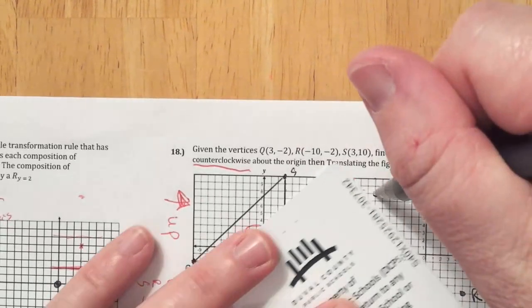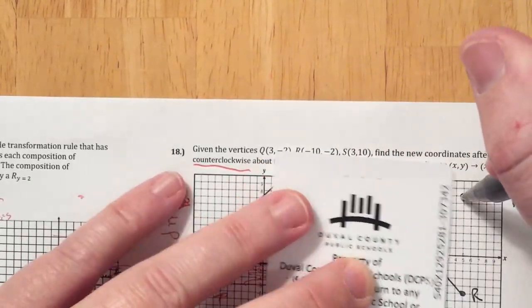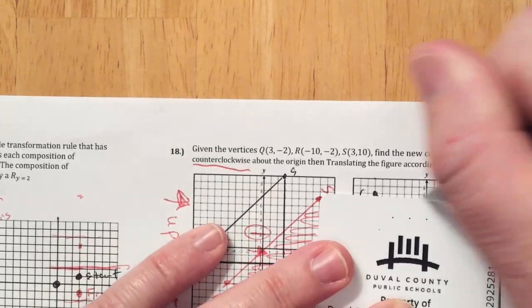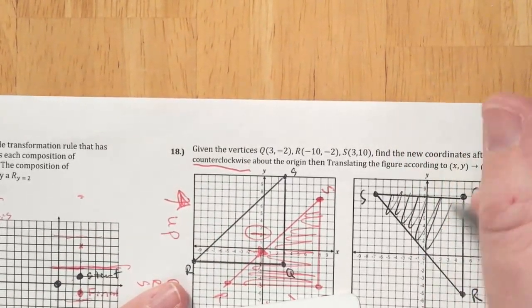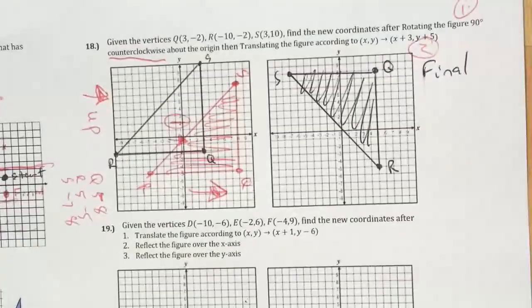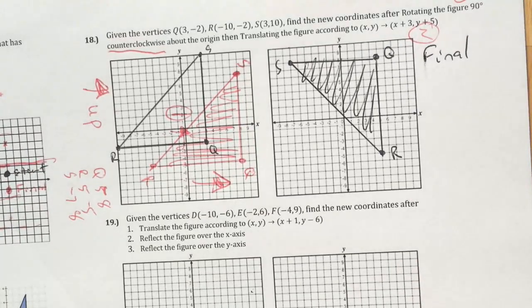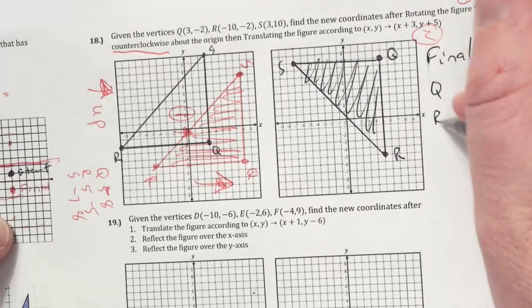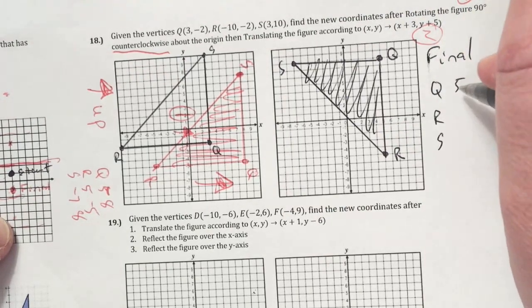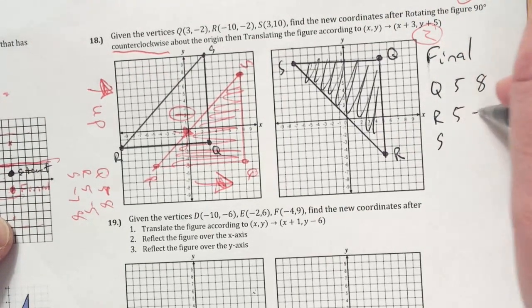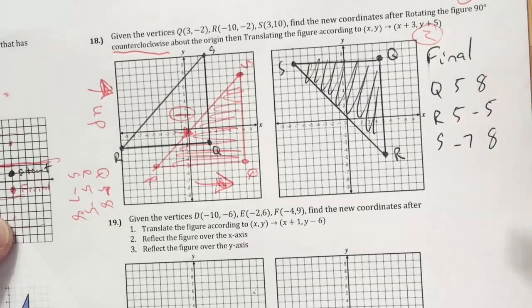That's my S. All right, we take those. And that was your final answer. And that's what it's supposed to look like at the very end. Awesome. Okay, where these were the coordinates. Q, R, and S were 5, 8, 5, -5, and -7, 8.